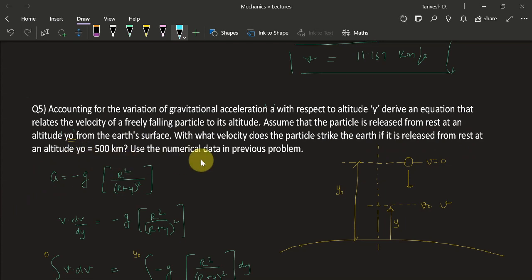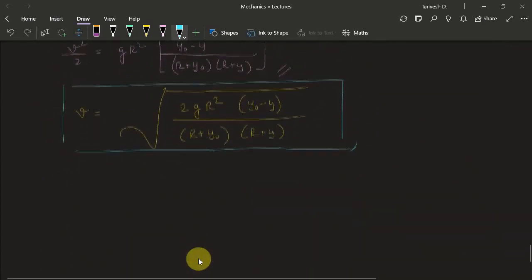Now y0 is 500 kilometers in this case, and at what point do we want v? We want to know at what velocity it will strike the earth's surface, so y will be equal to 0 in this case. That is what we need to find using that equation.